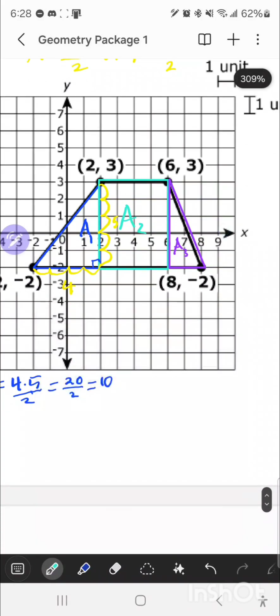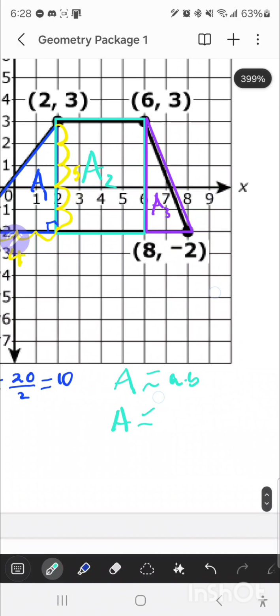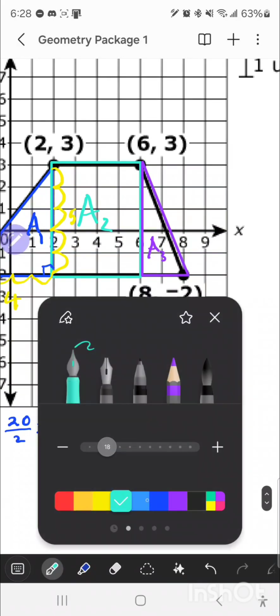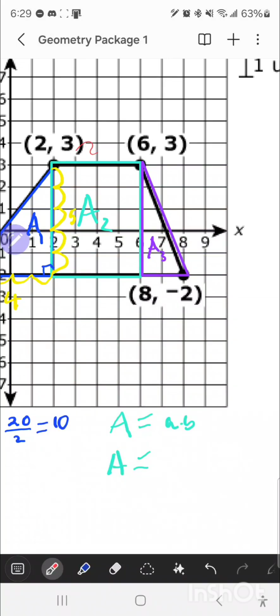Now, next, area 2. Easy peasy lemon squeezy. We know that the area of a rectangle is just side times side, a times b. So area is equal to, this is going to be 1, 2, 3, 4, and this is going to be 5, because we already counted.